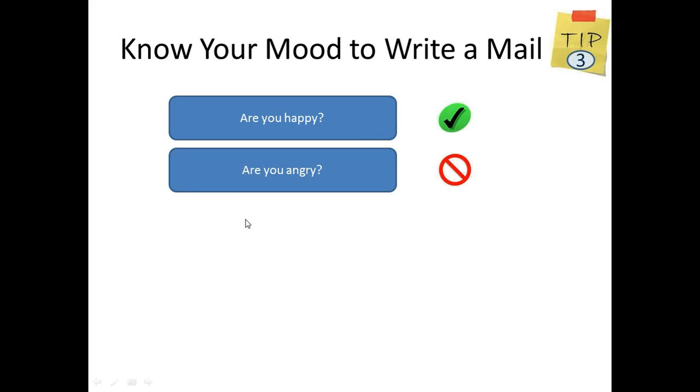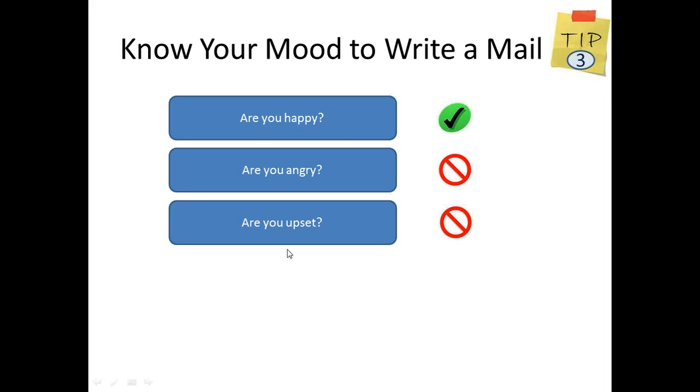Now, this is also another very important tip number 3 that I'm going to share with you. Know your mood to write an email. Okay? If you are happy, that is a good time to write an email. If you are angry, please don't write an email at that point of time. Okay?